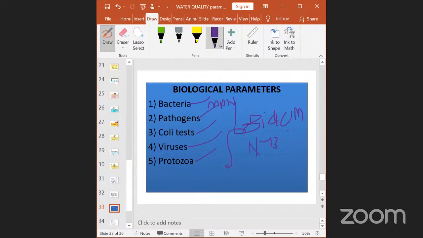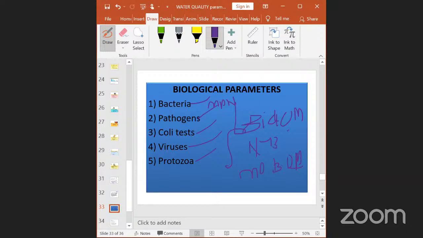In biodegradable organic matter, the organic substances are decomposed by the action of microorganisms, because they take the carbon as the source of energy. Similarly, non-biodegradable organic matter is organic matter which cannot be decomposed, where the utilization of carbon cannot be done by the microorganisms.